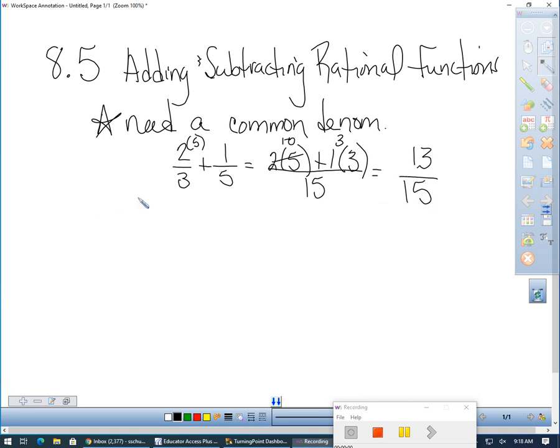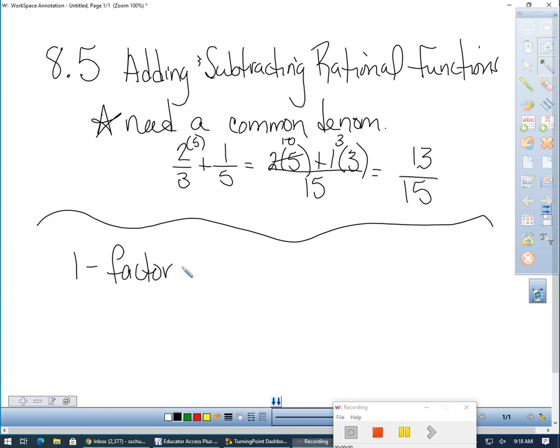So today we're just going to add some variables in and have a lot of fun with it. Here we go. Let's talk about the steps I want you to think about. Step number 1, I want you to factor everywhere. That should sound familiar. That's what we did last week.